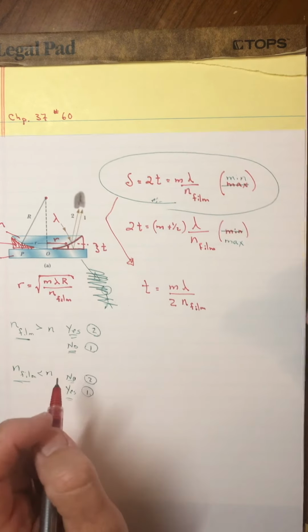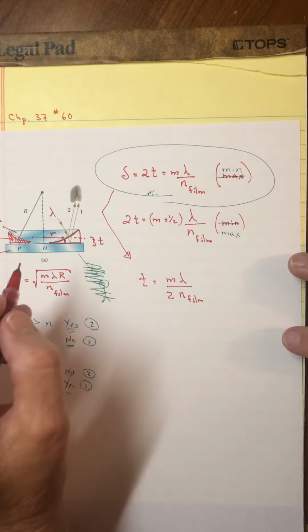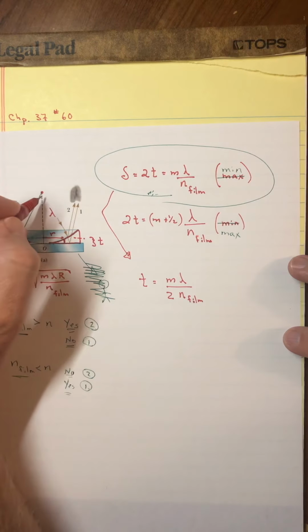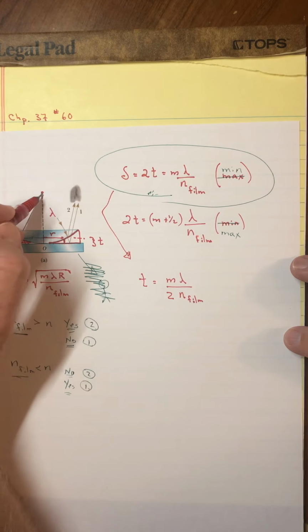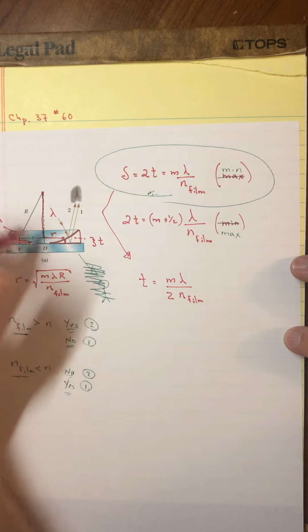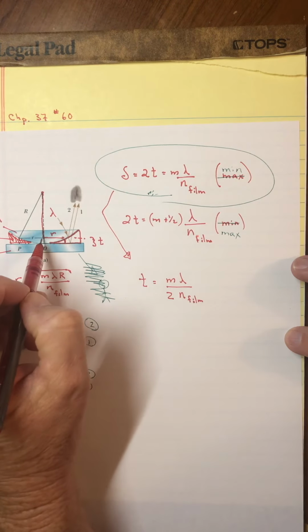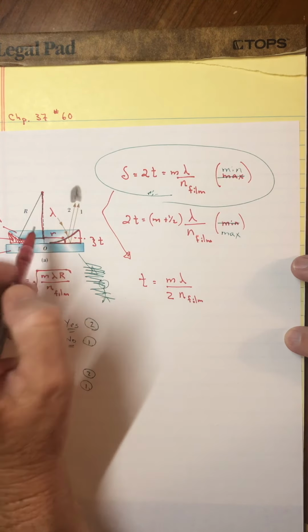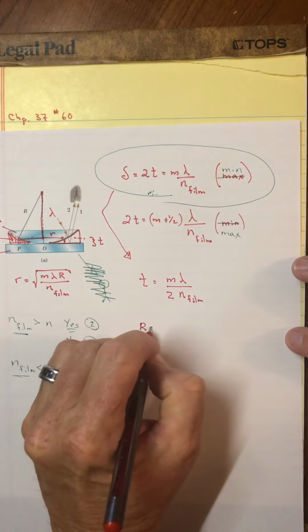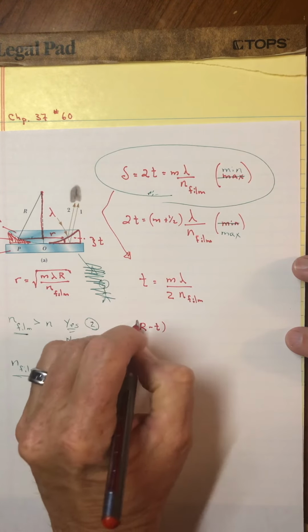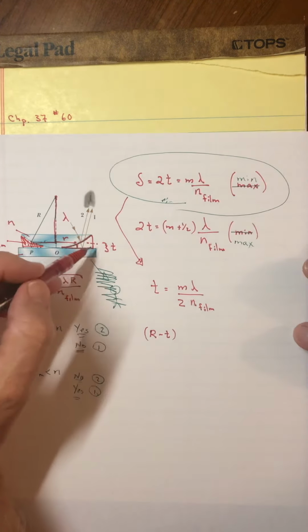Now I'm going to do a little geometry to finish up the problem, because that means this vertical leg of a right triangle, this one here, would be R minus t.